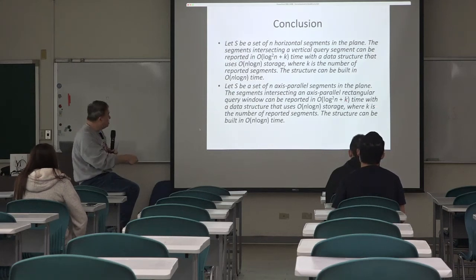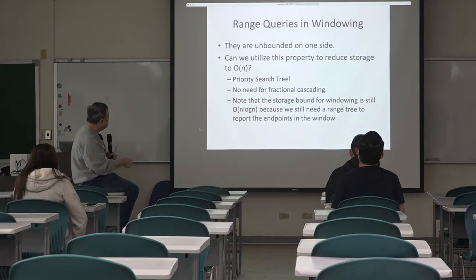In its range tree part, it is a special type. So we want to know if we can utilize that property to get better performance. For example, we want to reduce the storage complexity to linear.